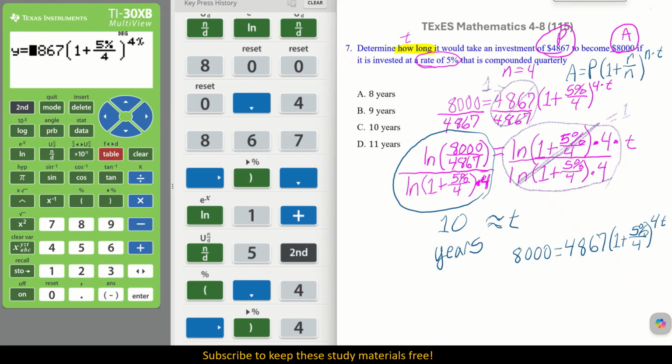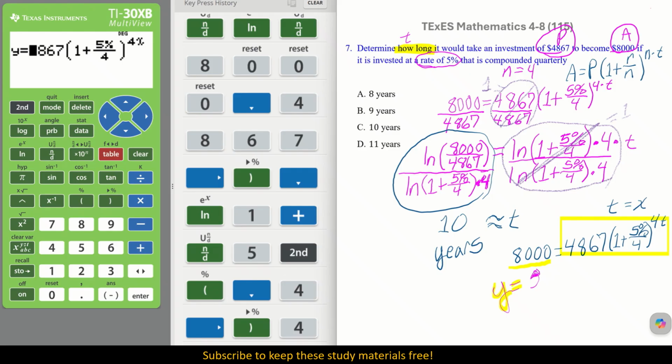Now, in the calculator, t will need to equal x. So what am I doing? I am putting everything on the right hand side into the calculator, and then I'm going to see when y is going to be 8,000.